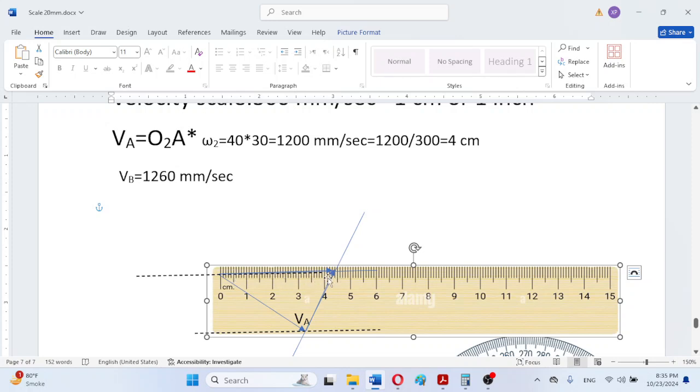So even one mark may create great variations. So we must always draw precise diagrams as far as possible.